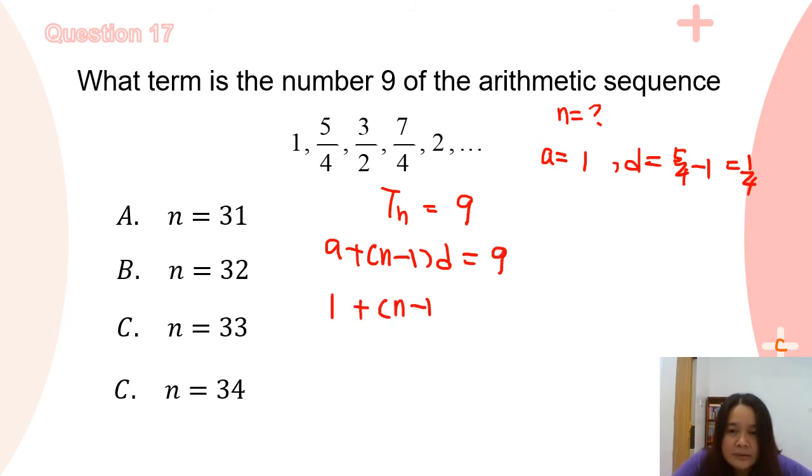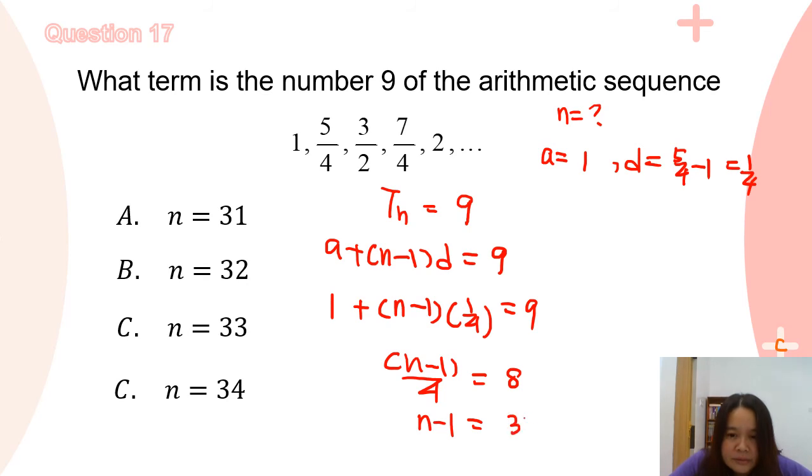So n minus 1, the d is 1 over 4, equal to 9. So n minus 1 over 4 is equal to 8. So 32. So the n is 33. So that means T33 is the value of 9. So the answer should be C.